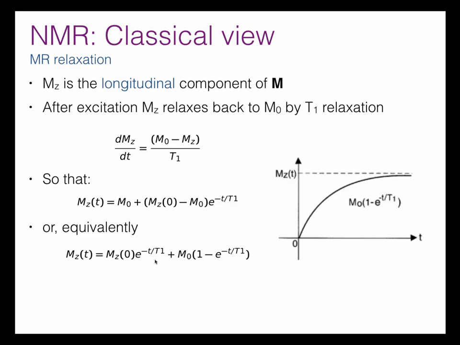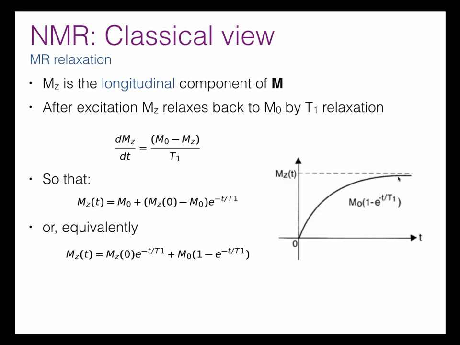is observed to be controlled by this relaxation equation. What this is saying is that the rate of change of the MZ component is proportional to how far we are away from M0. If we're far away from M0, we relax towards M0 very quickly, so our rate of change is quite high.